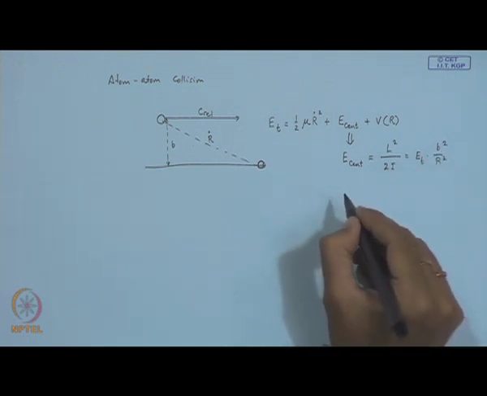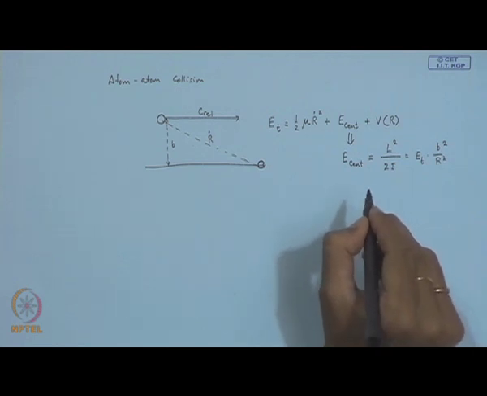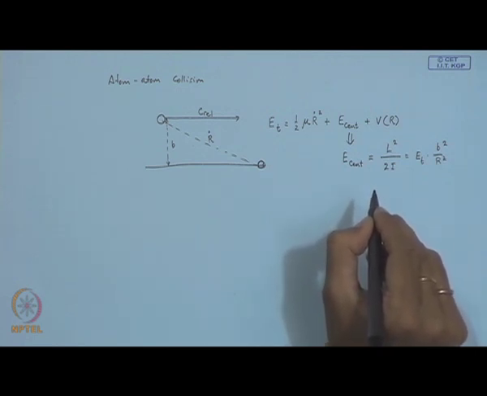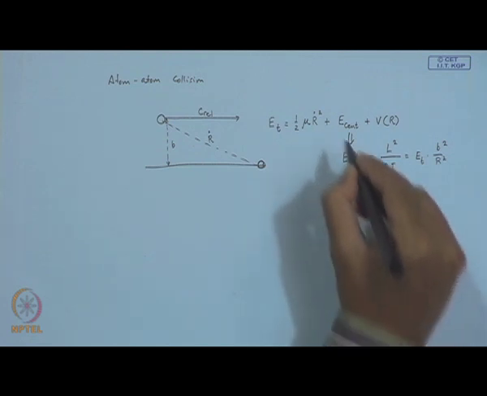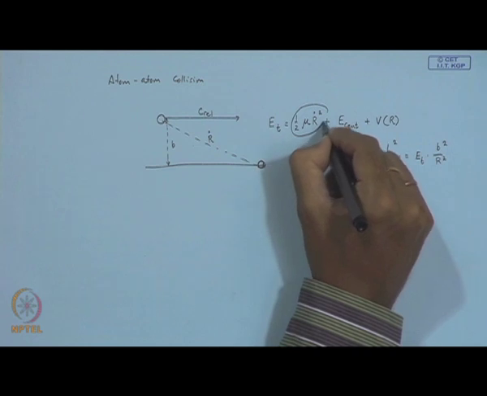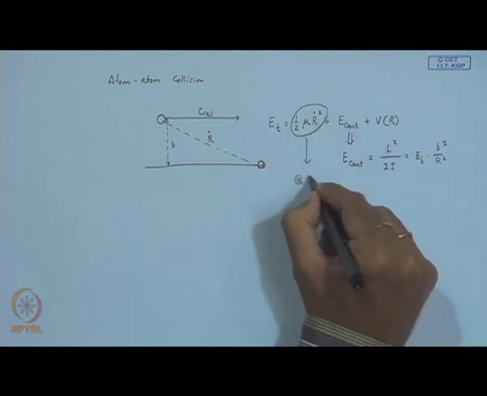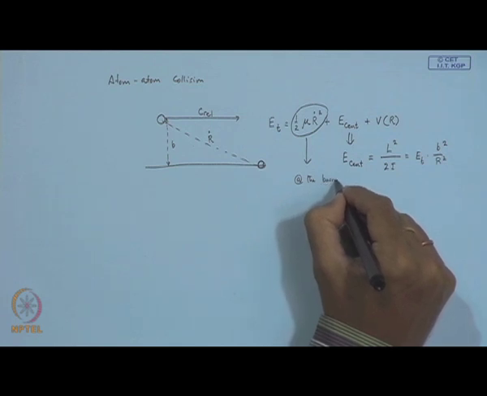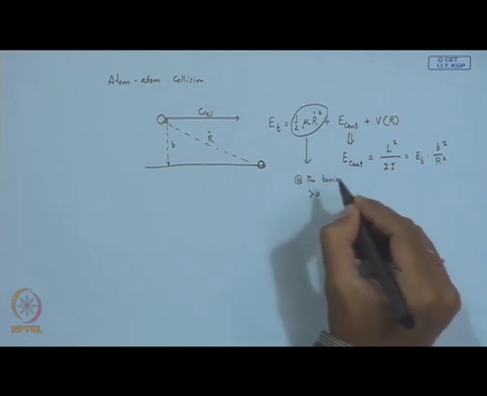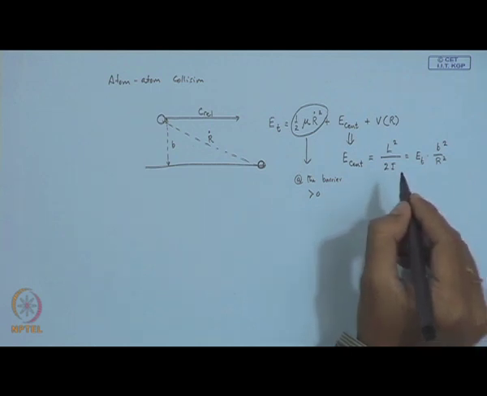Now, the reaction can occur if your radial kinetic energy at the barrier is greater than 0. If it is greater than 0, then reaction can occur.